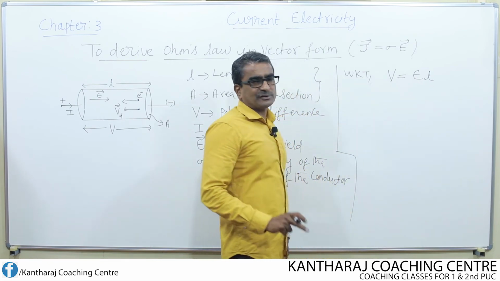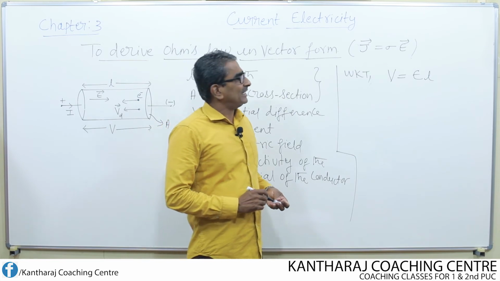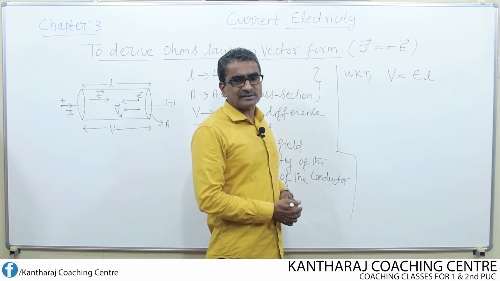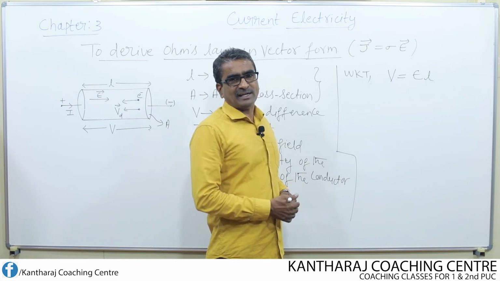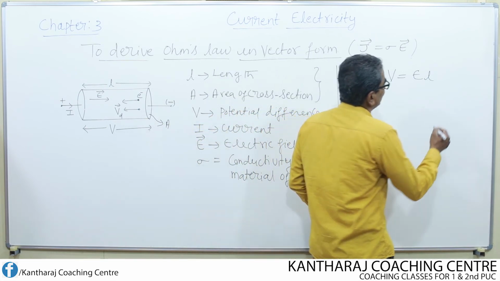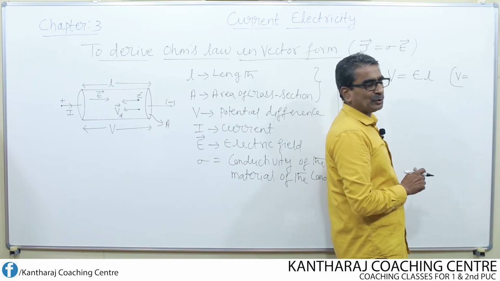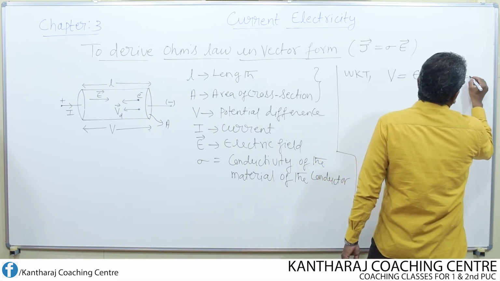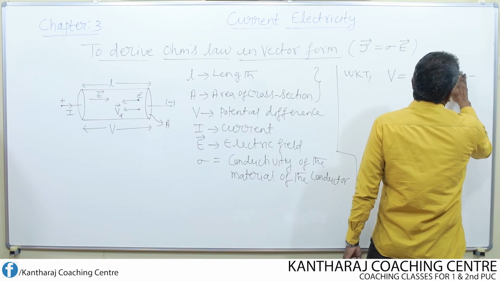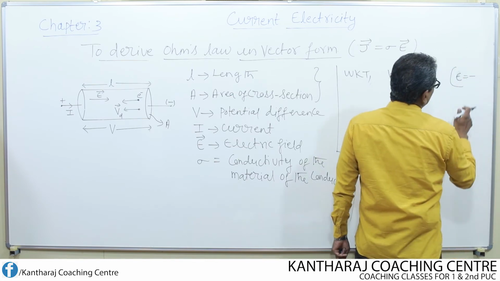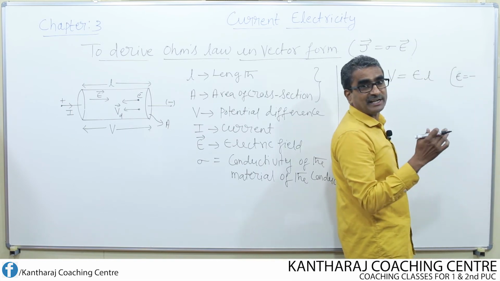In electrostatics, in the second chapter, electric potential and capacitance, we came across one derivation: the electric field at a point is equal to the negative potential gradient.